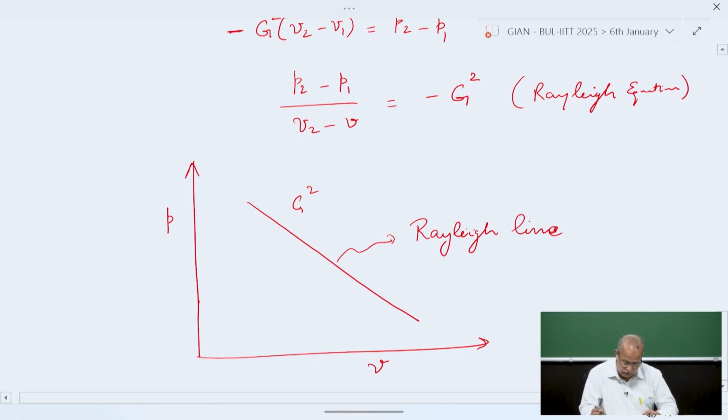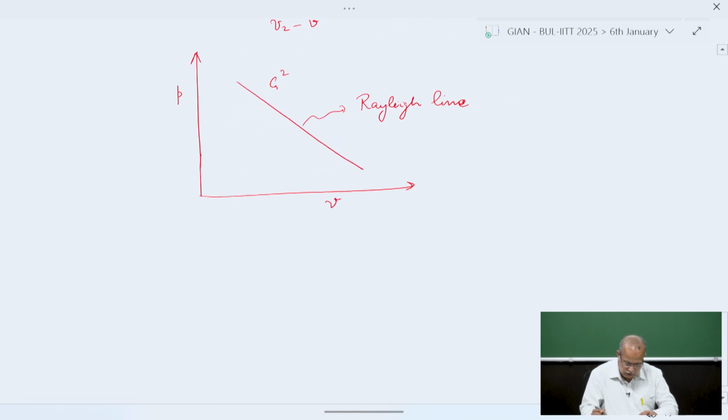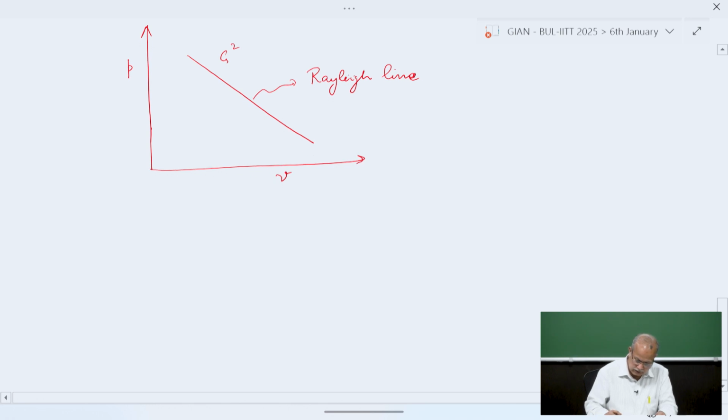Now to understand this further, this theory, to extend it, we're going to look at some of the stuff what we know from the thermodynamics.